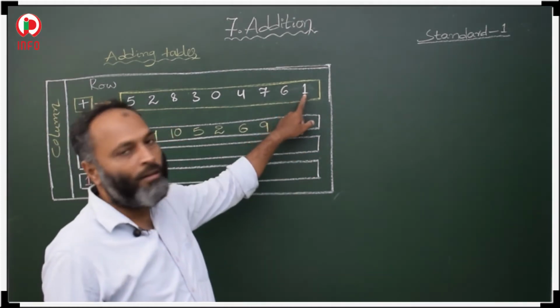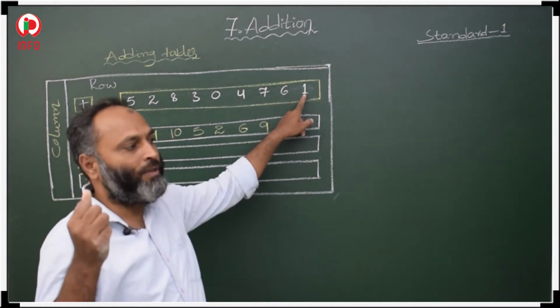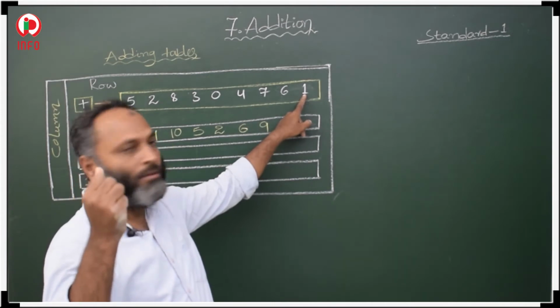Here 1, after 1 we have to count 2 more numbers: 1, 2, 3.